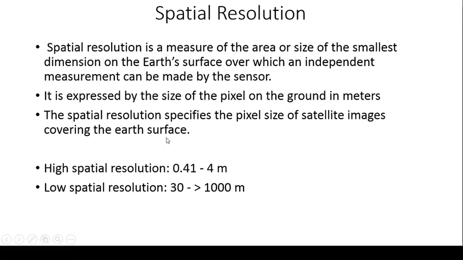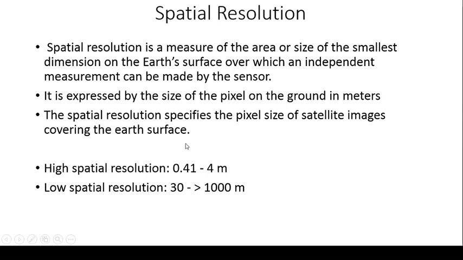So accordingly, if we have an image of high spatial resolution, then the pixel size varies from 0.41 to 4 meter. And if we are talking about low spatial resolution, then we have an image with pixel size 30 meter up to 1000 meter or more.